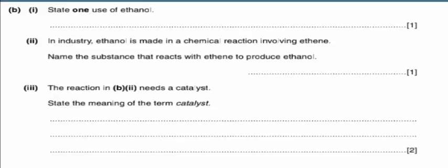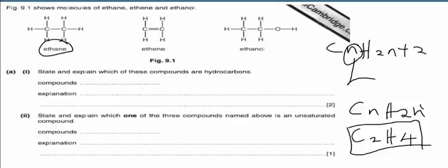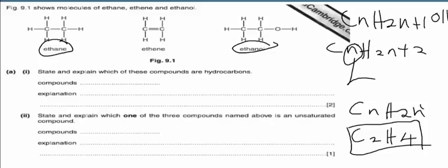The next question. State one use of ethanol. Ethanol is an alcohol. And I forgot to give you the general molecular formula of alcohols. The general molecular formula of alcohols is CnH2n+1 then OH, the hydroxyl group.